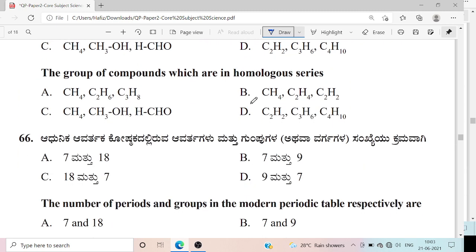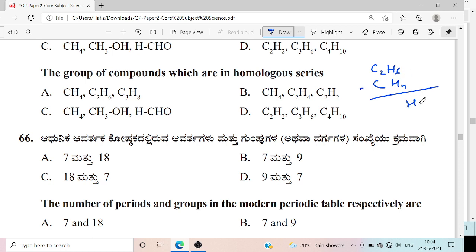Then the group of compounds which are in homologous series. See, homologous series in the sense, how do you find it: the difference between the successive members is of CH2 group. So if I subtract one member from another, the difference should be of CH2. So I'll go with the option A here. Means if I subtract CH4 from its second member, so what should be the difference here?